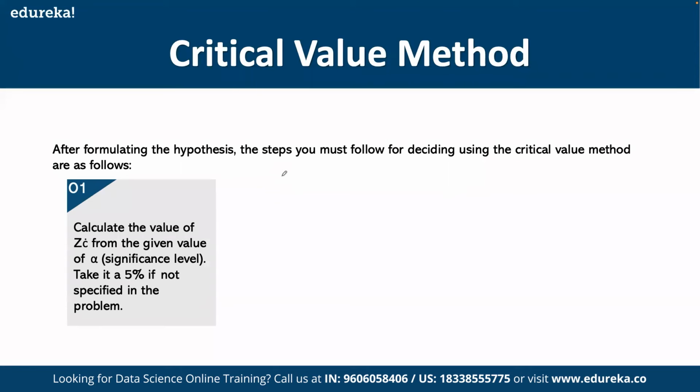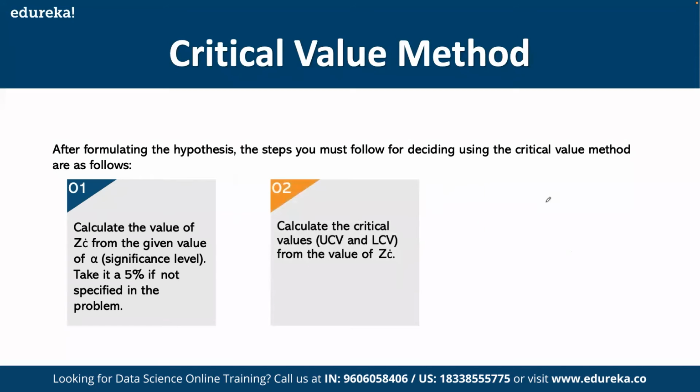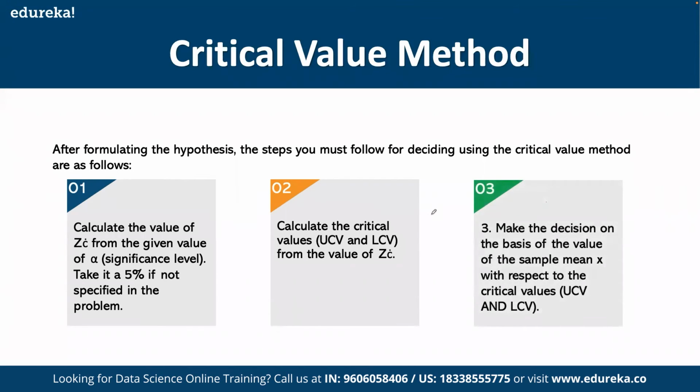Once we specify that, the next thing is to calculate the critical values, that is the upper confidence value and the lower confidence value, from the value of Z. Once we calculate the critical values from the value of Z, we'll make a decision on the basis of the sample mean X bar with respect to the critical values, that is the upper confidence value and the lower confidence value.